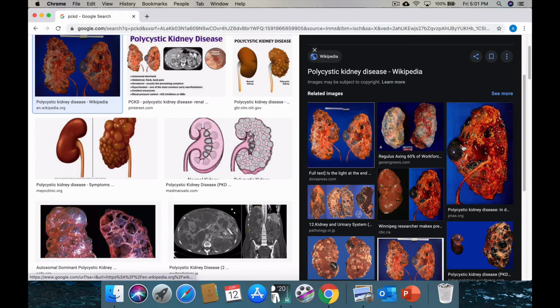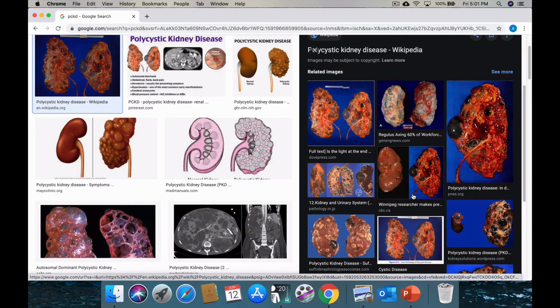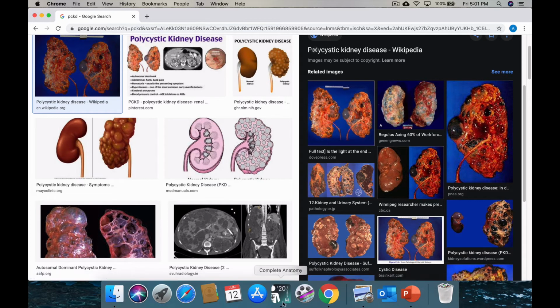The outer cortex has more number of water pockets. So this disease is called polycystic kidney disease. You can see the outer fascia is swollen because of fluid collection. This is common in some patients, and there will be severe amount of pain.